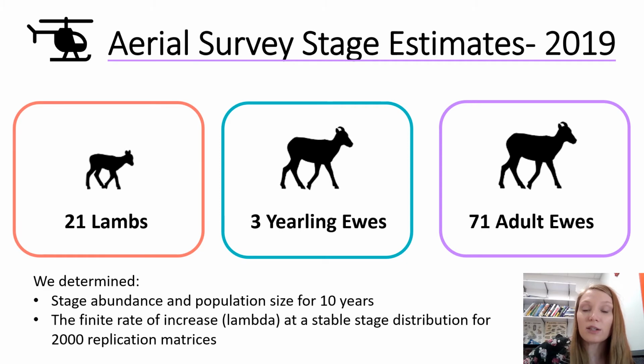We used these stage abundance estimates to determine stage abundance and population size for the next 10 years based on those reproductive scenarios I gave previously. We also calculated the finite rate of increase at a stable stage distribution for 2,000 replicate matrices. These matrices were created by randomly selecting vital rates from a beta distribution that was created using the mean and standard deviation of each of the rates.